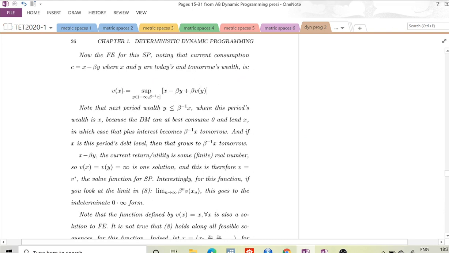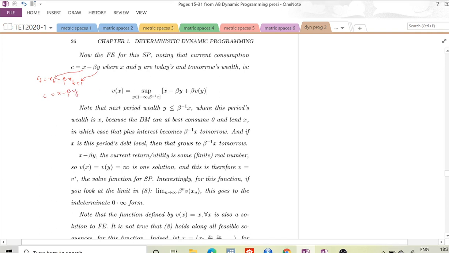What is the functional equation here? ct is equal to xt minus beta xt plus 1. I replace the current state with the notation x and tomorrow's state with y. So c is equal to x minus beta y.